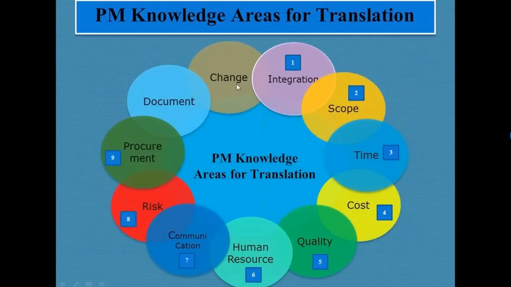What is change? All these points that are well documented, including scope, time, cost, quality, human resource, communication, risk, procurement, and documentation, are always documented, but over a period of time, not necessarily always, there are chances that there will be sudden change in the requirements.